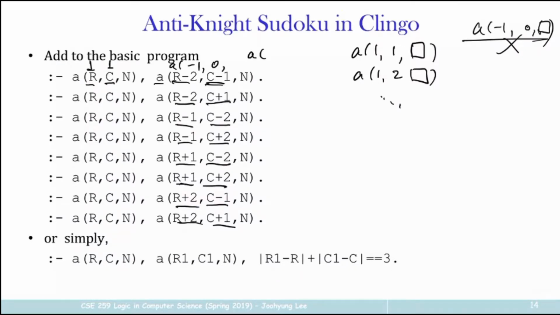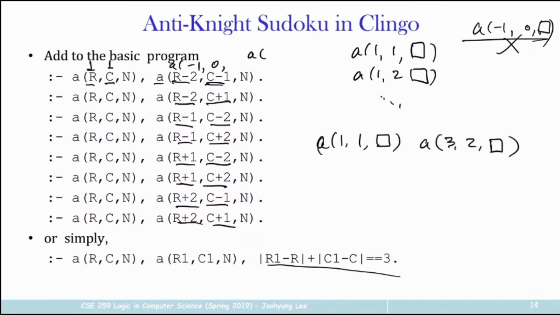Before we answer that, let's check this thing. Why does this equation make sense? Let's say A 1, 1 and maybe A 3, 2. That's in the knight position, right?